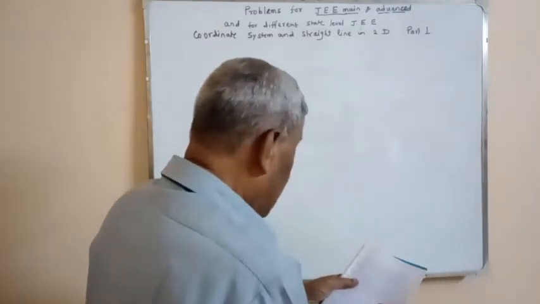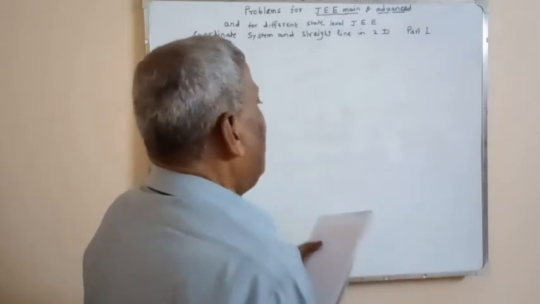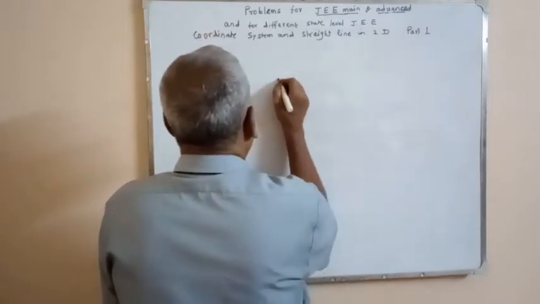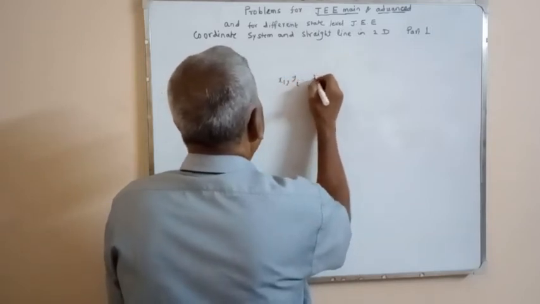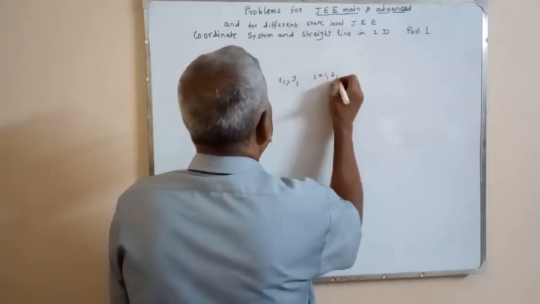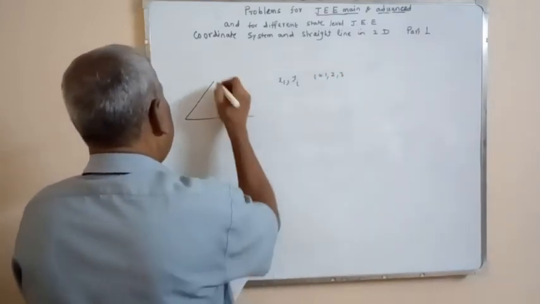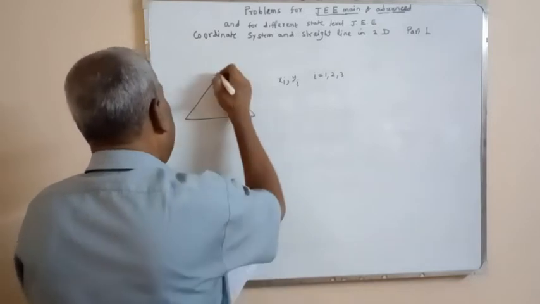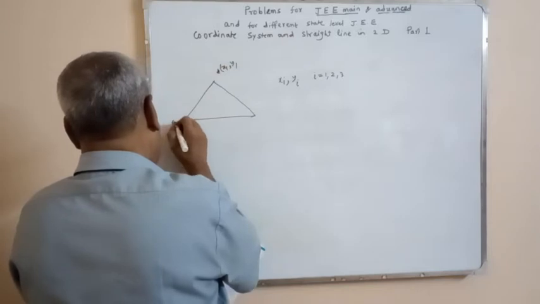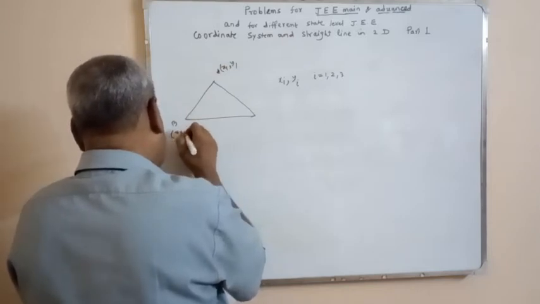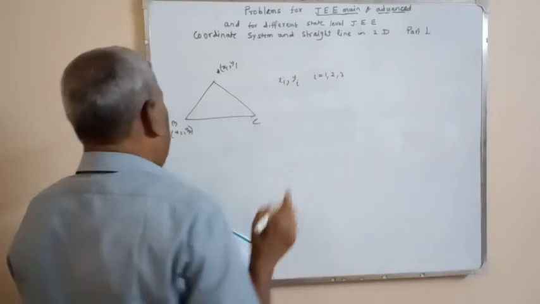Next, our next point is the area of a triangle having coordinates xi, yi, i equal to 1, 2, 3. Suppose A is a point x1, y1, B is a point x2, y2, C is a point x3, y3.